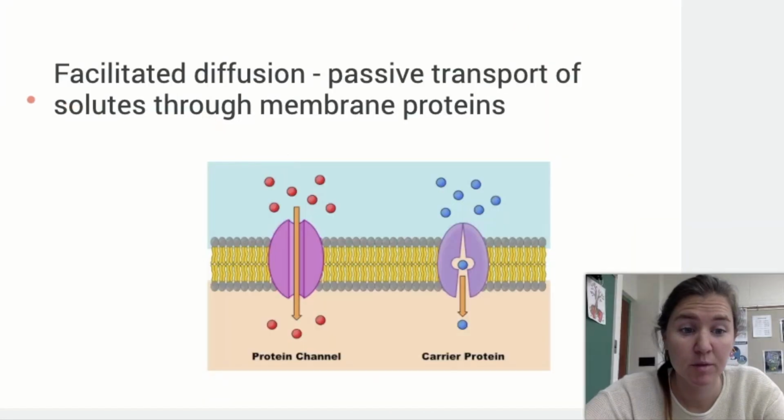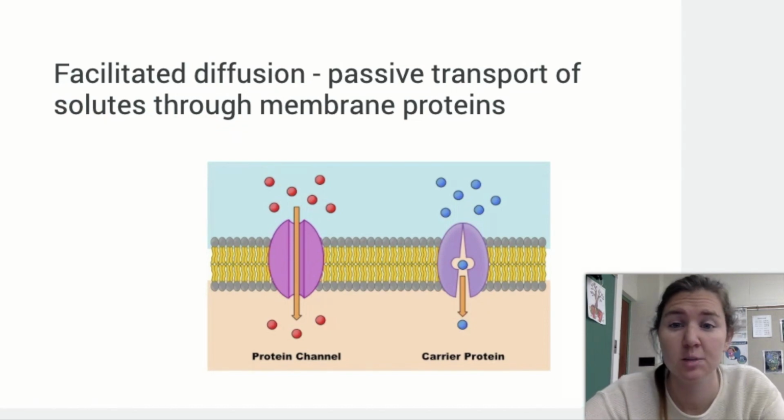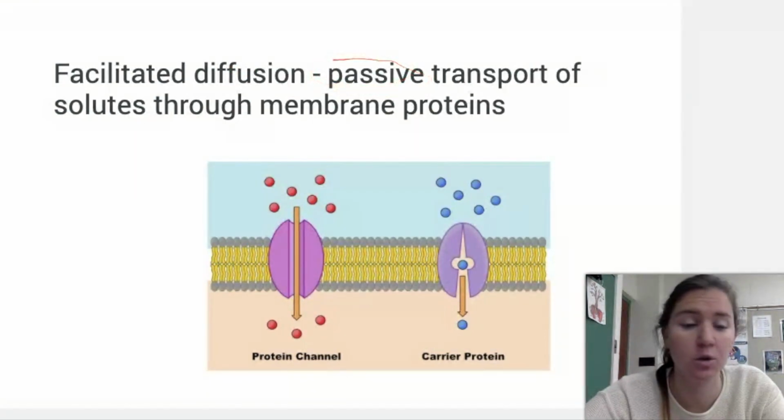Now, another type of diffusion is called facilitated diffusion. So let's break this definition down. Passive transport. Passive means that this doesn't require any energy. Passive transport of solutes, remember those are things that are dissolved, so maybe these are some nutrients going into the cell, some waste coming out of the cell, through membrane proteins.